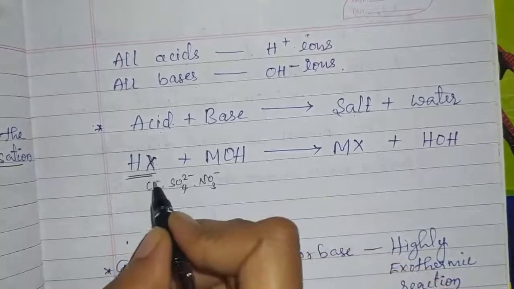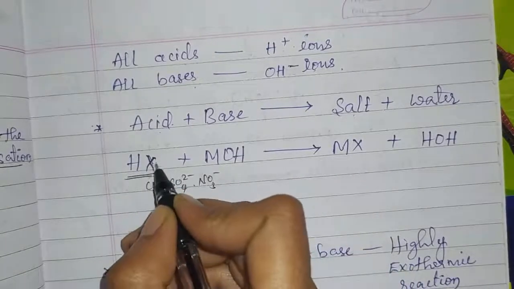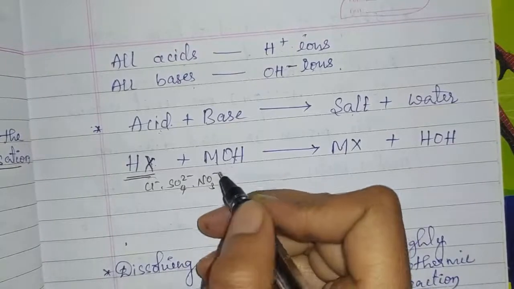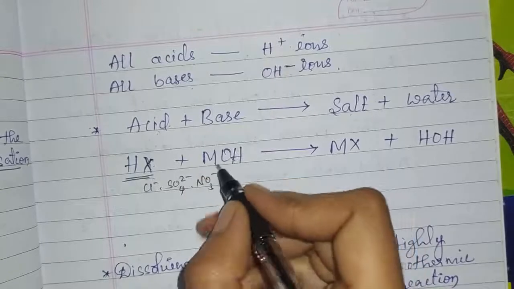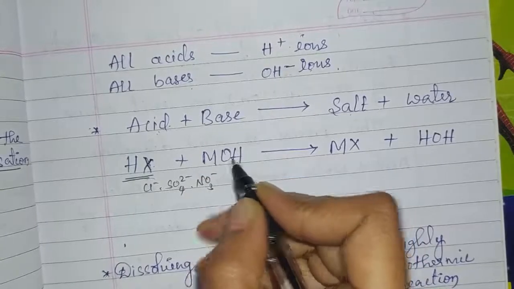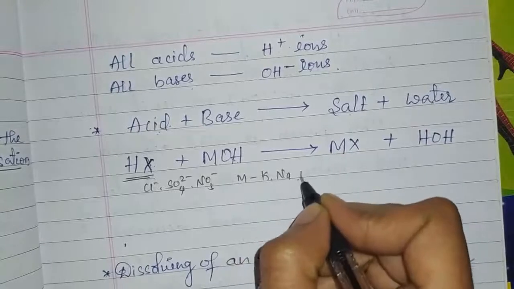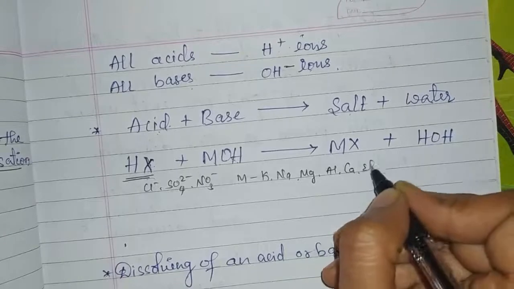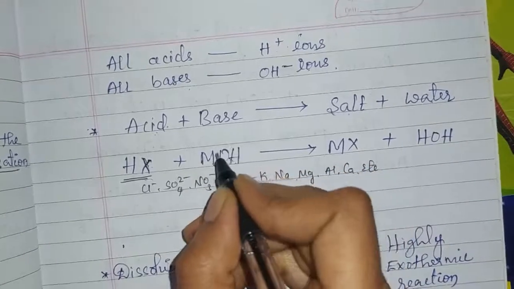And MOH is the general chemical formula of the base. Usually all bases are metallic hydroxides, where M may be potassium, sodium, magnesium, aluminium, calcium, etc.